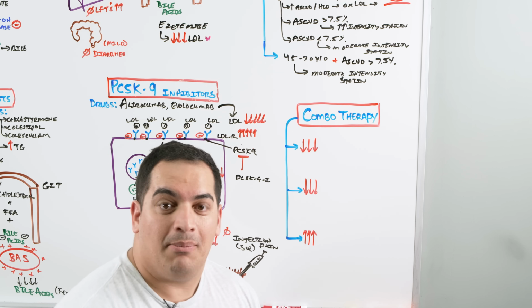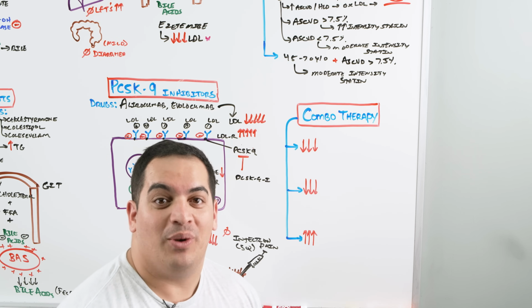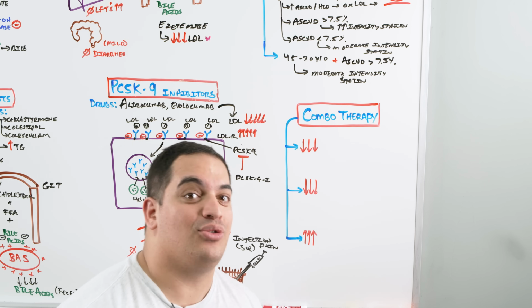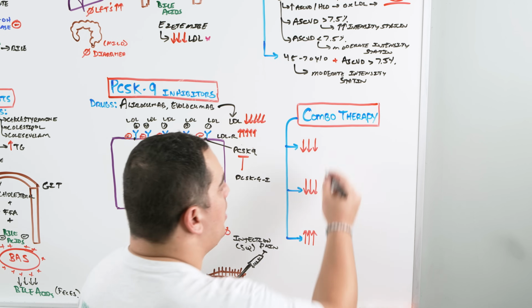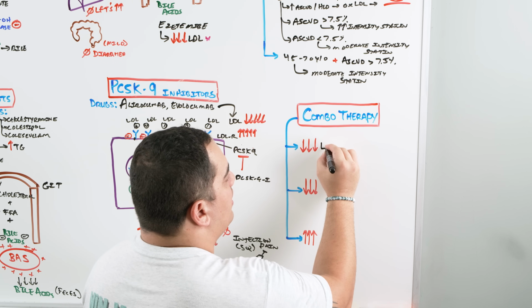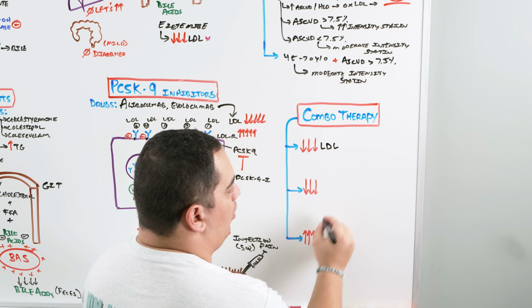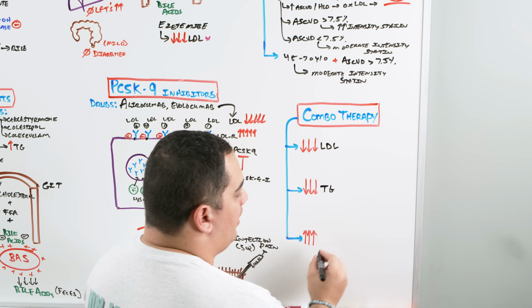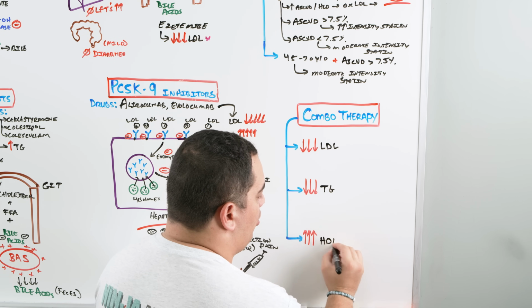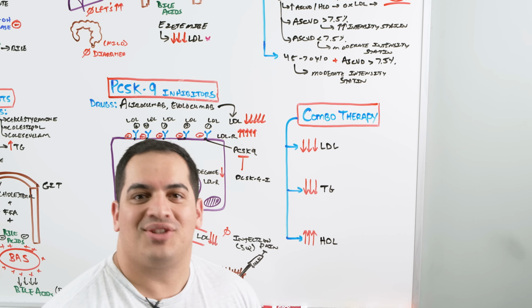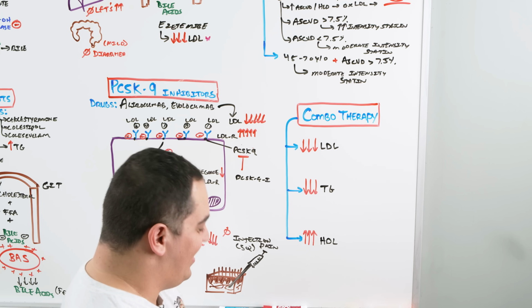Because if I'm not meeting my goal, it might be good to know which drugs actually approach that and add those drugs on accordingly. So I have a patient who's on a statin, but their LDL is not at goal, their triglycerides are not at goal, and their HDL is not at the goal that I would like. Which drugs could I add on? That's a pretty cool concept now.